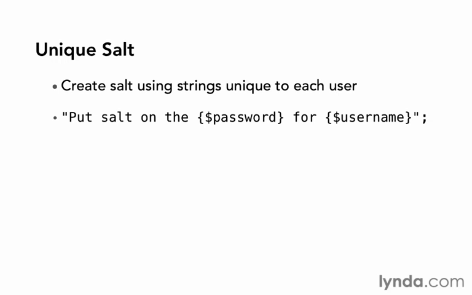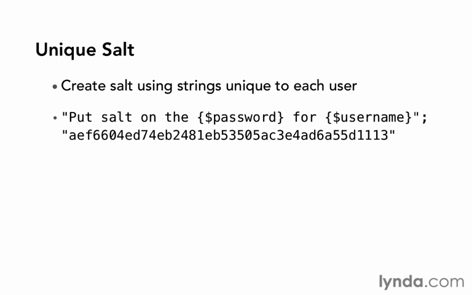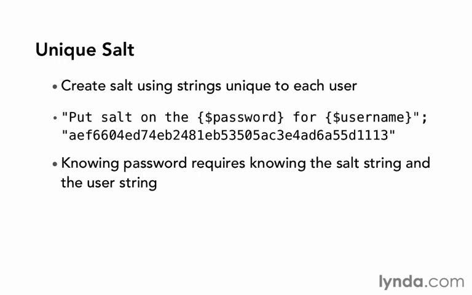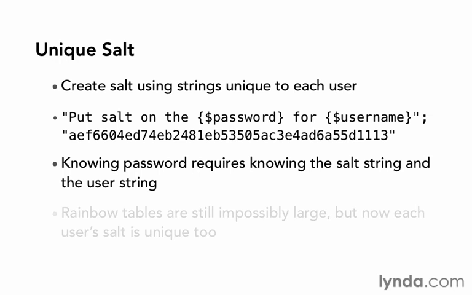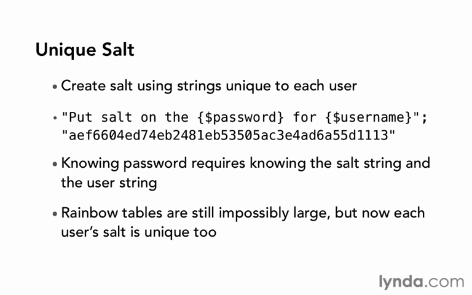Now, that's not a great candidate really because username is probably also stored in the database, but still, it would be something that would be varied in our salt and would give us a different result. So now, knowing the password requires knowing the salt string and knowing that user string, and also knowing how it's used in the salt as well. So rainbow tables are still impossibly large, but now each user's salt is unique too. So even if you were able to crack one user, you still would have to start all over again for another user.